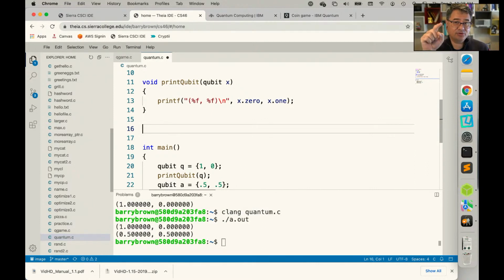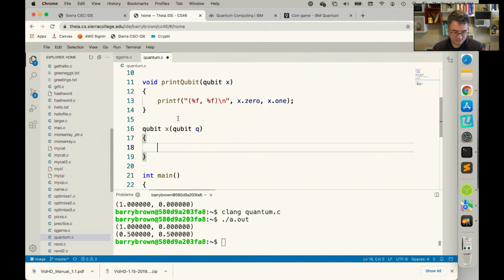So the x operation is going to take a qubit in, and then let's have it not modify that qubit, but actually return a new qubit with the new values. I'm going to capitalize this x, just so it doesn't look like a variable.